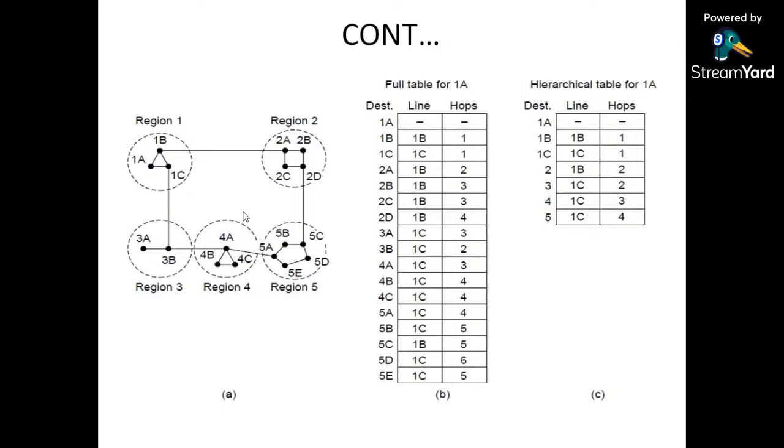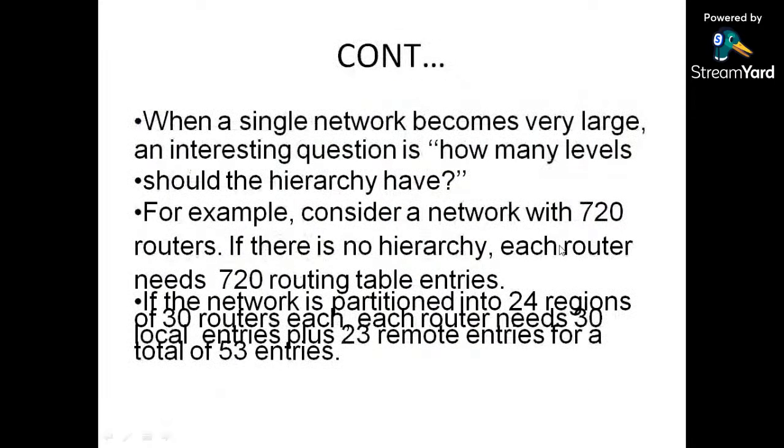So the count of hops is given in hierarchical routing. In the hierarchical table for 1A, the entries are 1B, 1C, and then the regions 2, 3 and 4, all via 1C. So this is the hierarchical table for 1A.